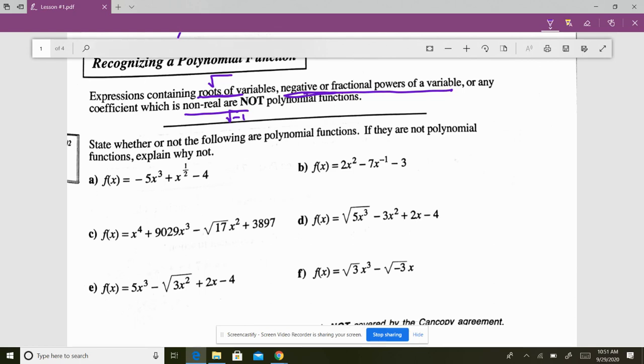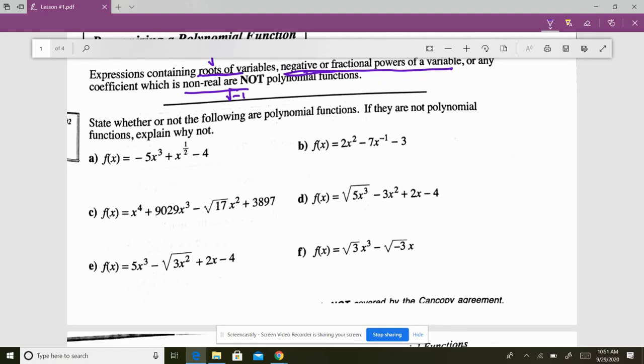So in the first one, is it a polynomial? Why? Yeah, because of that. No. Second one. Nope. Because of the negative, right? What about C? Polynomial or not?